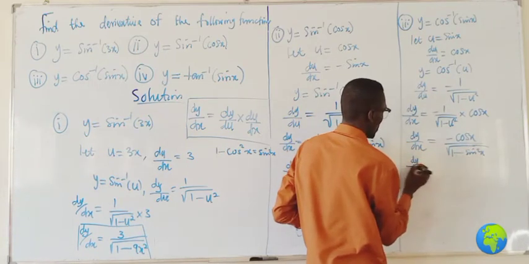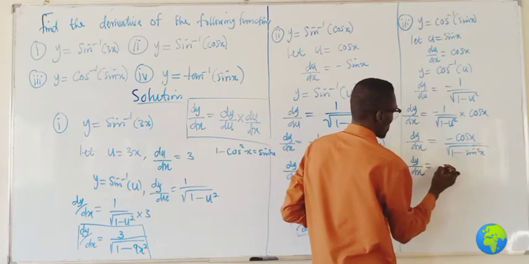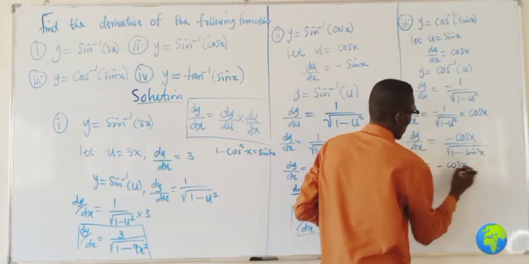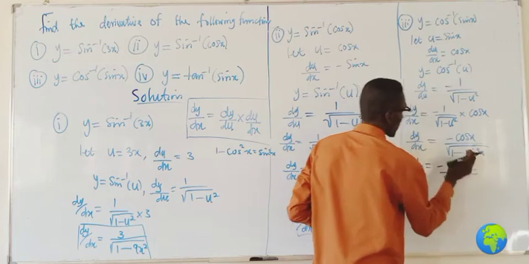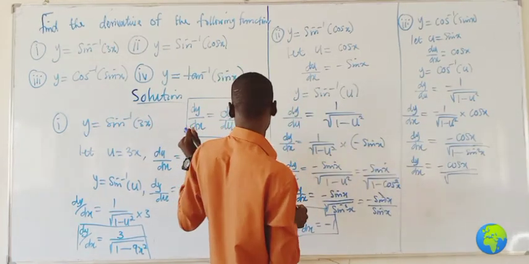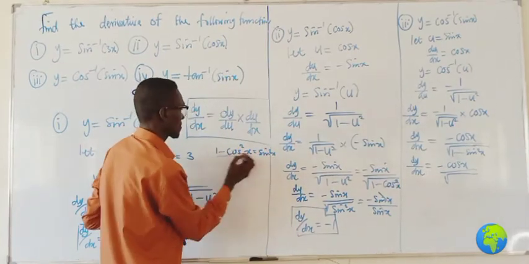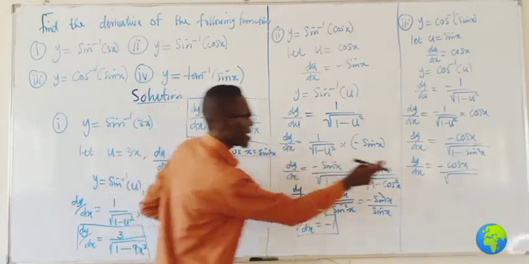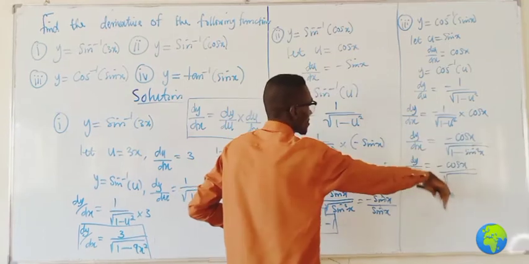So our dy/dx is going to be minus cos x over the square root of, recall what I just did here. I was talking about this same thing. Since I have 1 minus sine square x here, I can just rewrite it as cos square x.